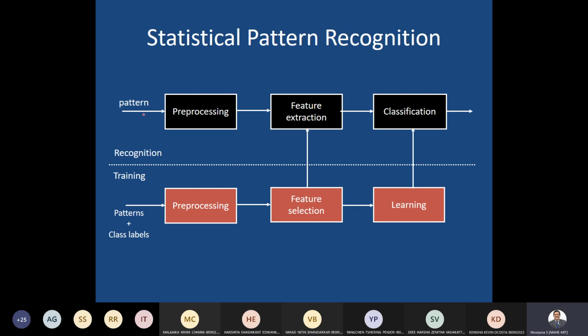Earlier I gave a simple block diagram of a recognition system. This is a slightly elaborated diagram compared to the earlier diagram, in which I have emphasized the training area. You can see the lower half is for training and the upper half for recognition. It is the same diagram shown with two sets.